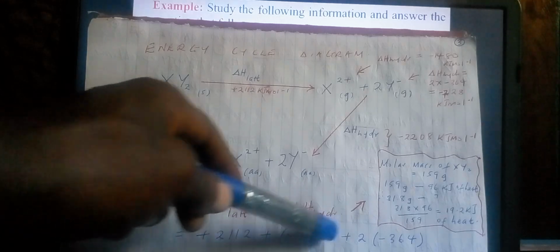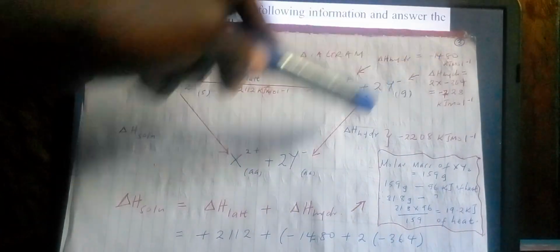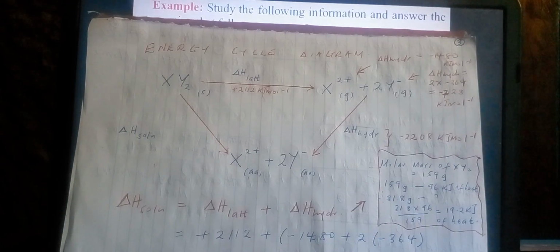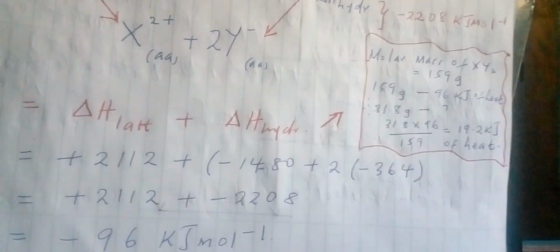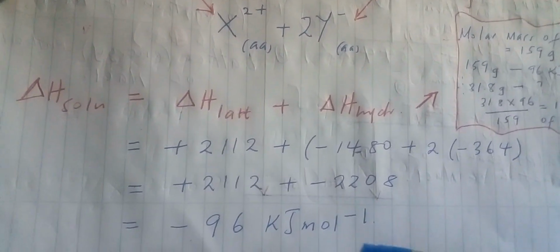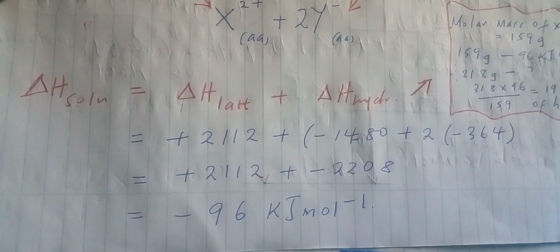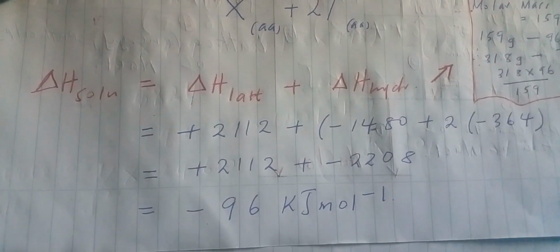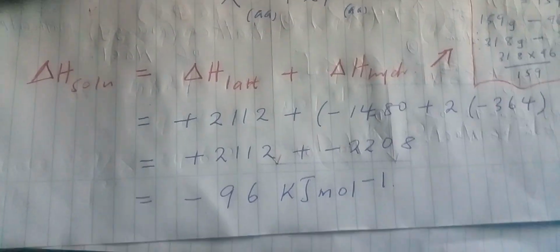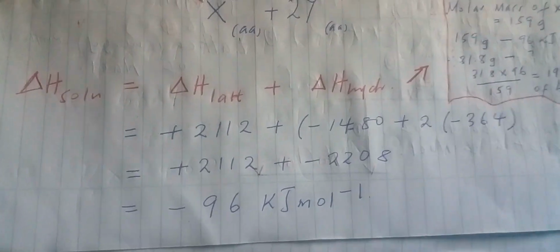Remember, this one is obtained from 1480 plus 2 times 364, as you can see in that particular calculation. So when it is worked out very well, you can see the answer becomes negative 96 kilojoules per mole. That one is the enthalpy of solution here, negative 96 kilojoules per mole.